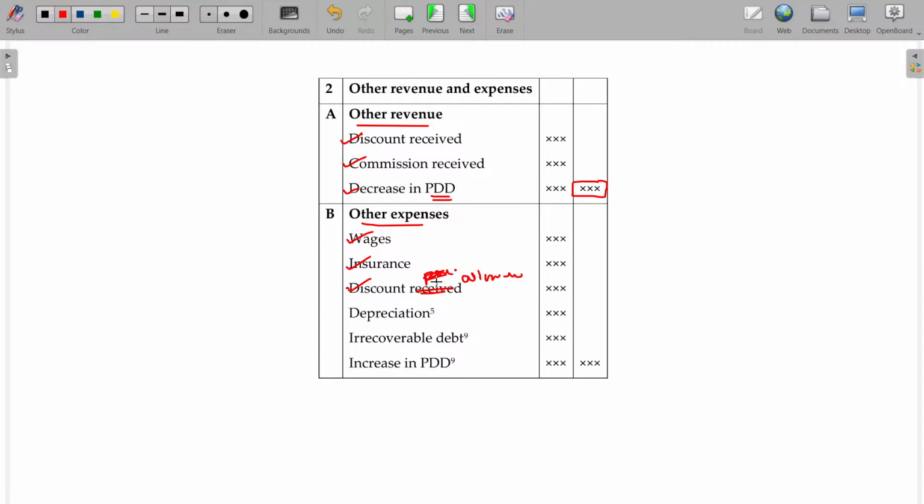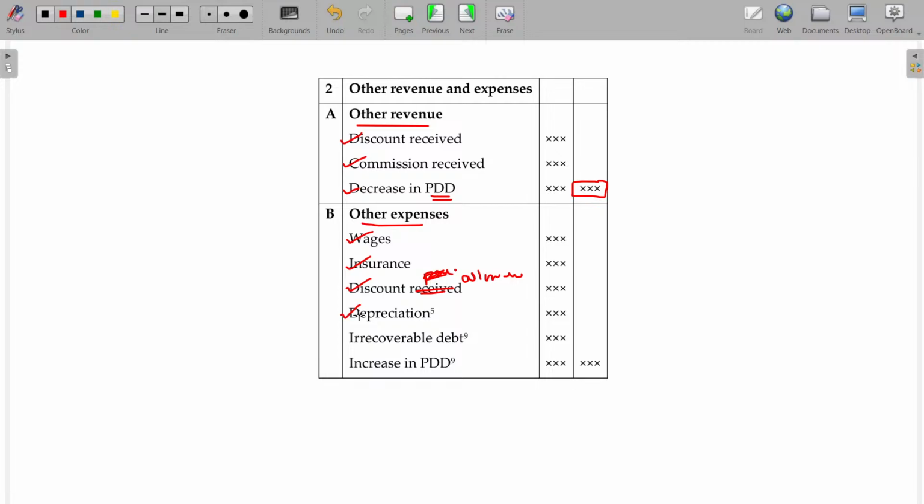So the discount allowed will be considered as your other expenses. And apart from that, you have to understand how to handle the 3 more items: depreciation, irrecoverable debt, and increase in PDD. Now, we'll see the depreciation part later.